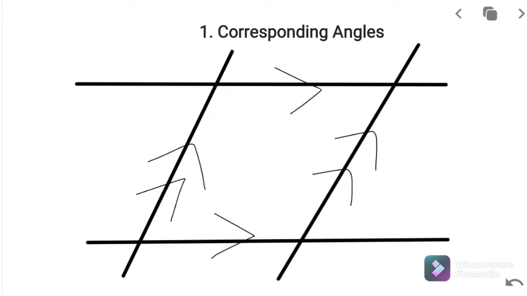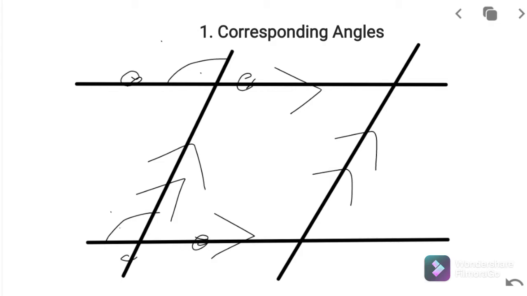So, going back to the corresponding angles. Corresponding angles are angles that are formed at exactly the same point. Now what do I mean by that? Let's look at this angle here and then this one here. We notice that these two angles are formed at the top of the intersection where this line met with this other line, and this one also where this line met with this other line, the top of it.